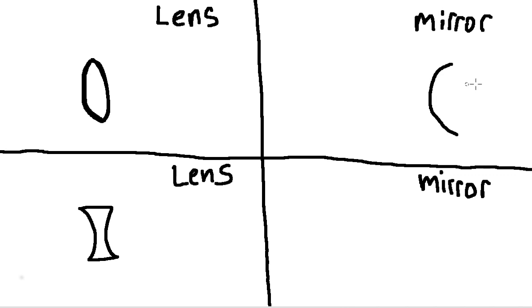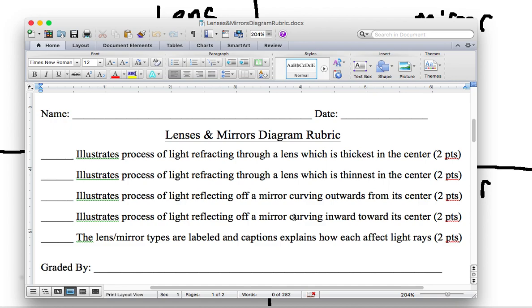I guess technically if the light rays were coming from this side, it would be curved inwards to its center. So maybe I should just make it double curved on both ends. And then the same thing with the mirror that's curving inwards towards its center.